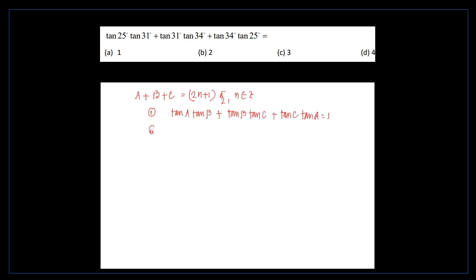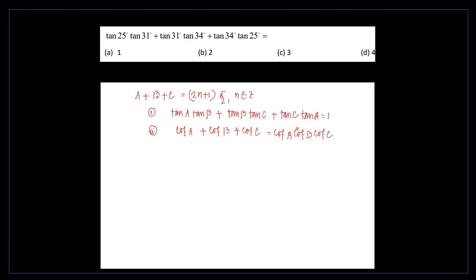Secondly, we have cot A plus cot B plus cot C equal to cot A cot B cot C. So these are the two results, two shortcuts we can apply.